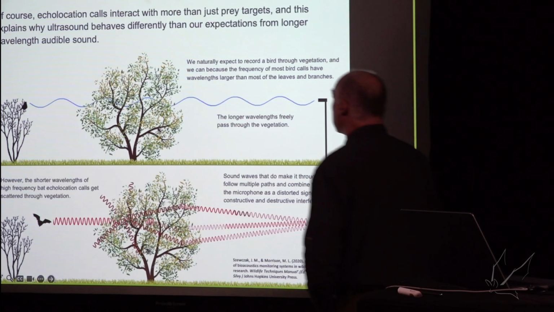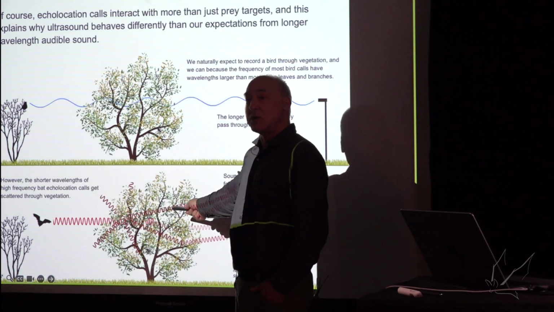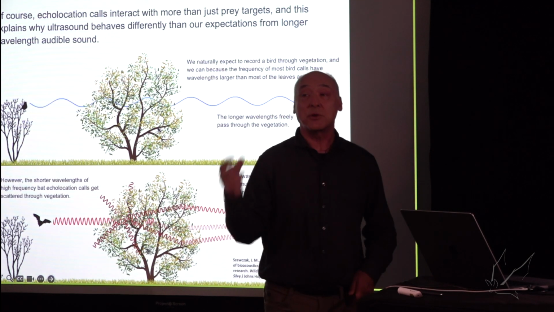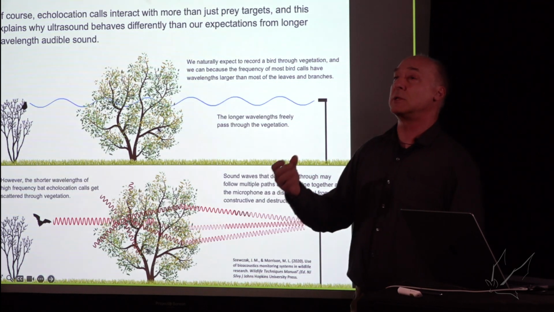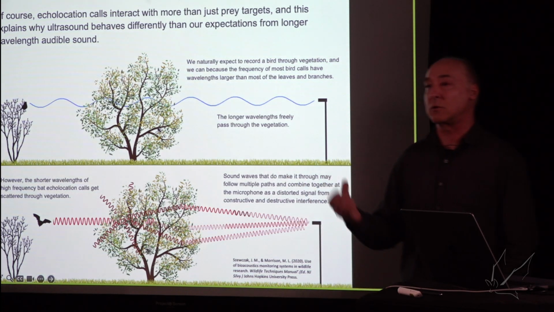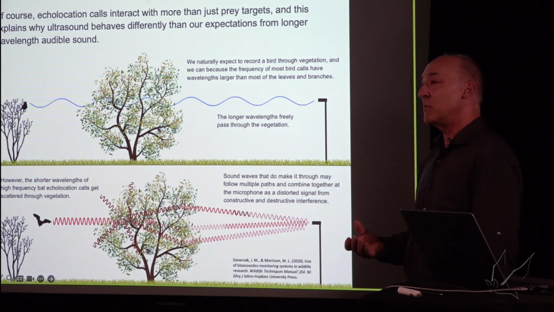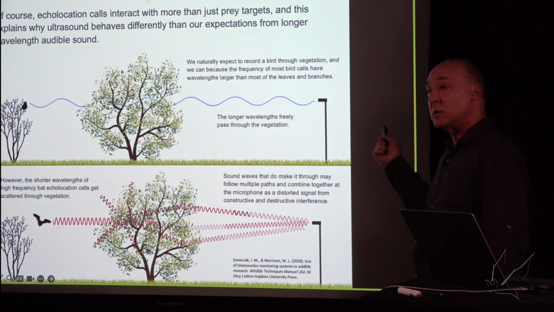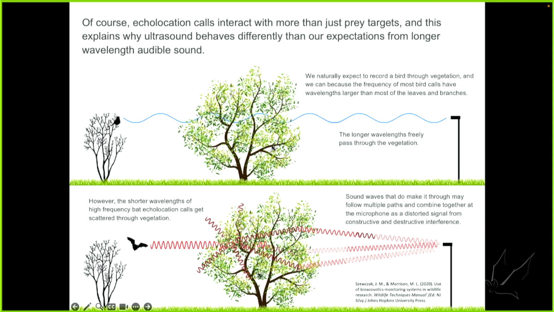And if you understand that a small target like an insect can produce an echo, then you can understand that things like vegetation, that has leaves and branches and twigs and things that are larger than insects, are also going to interact with the higher frequencies and shorter wavelengths of the sounds that bats are making. So you can readily place a microphone and hear birds through vegetation, but you're not going to hear bats through vegetation. Any signals that come through will be distorted by taking multiple echo paths, bouncing off of the substrate there.